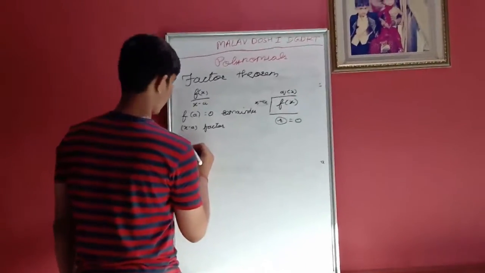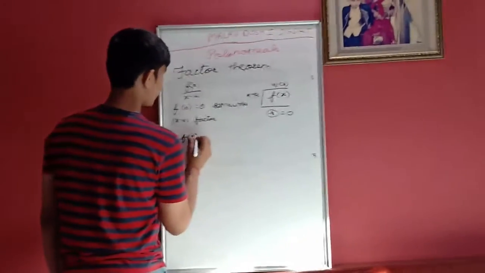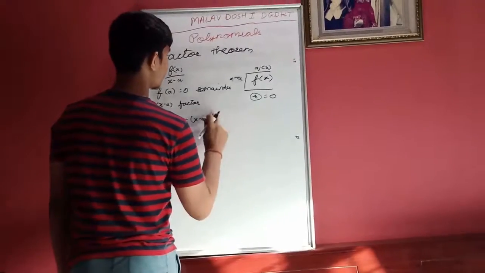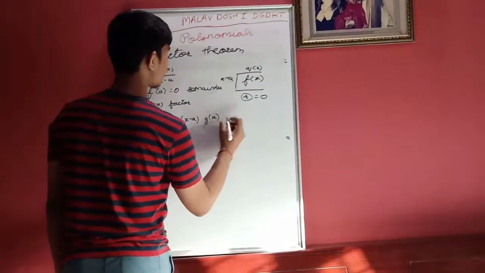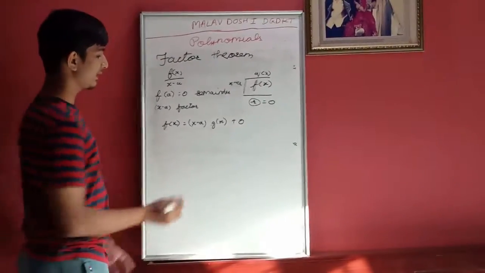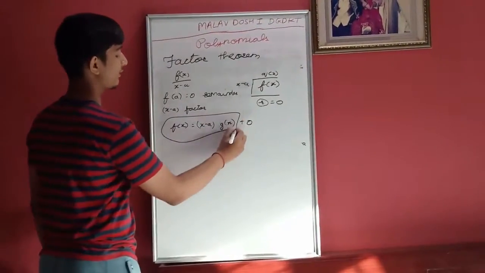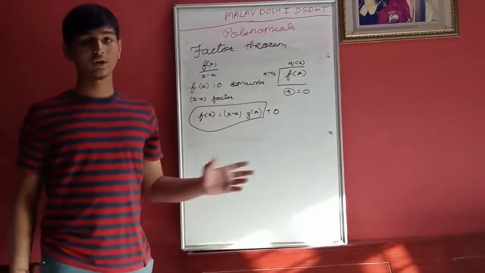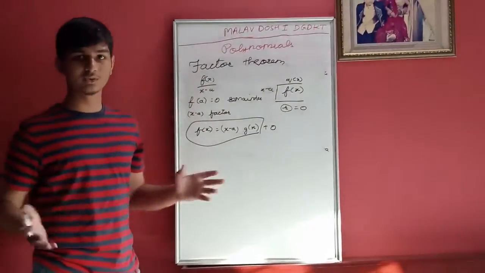So now f(x) equals x minus a into g(x) plus 0. We have not equated anything, it is already given because this is the basic division theorem, so it is only the proof. We cannot prove this because it is an already proved theorem.